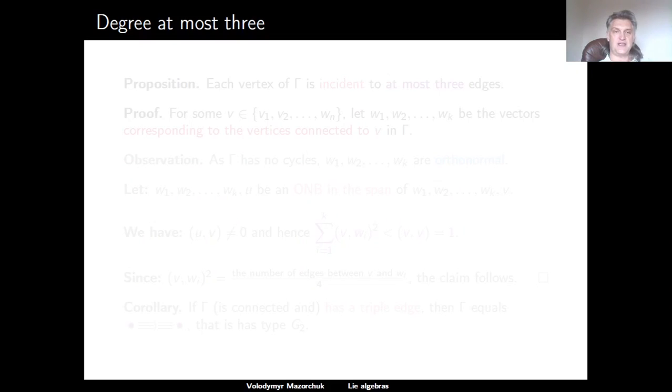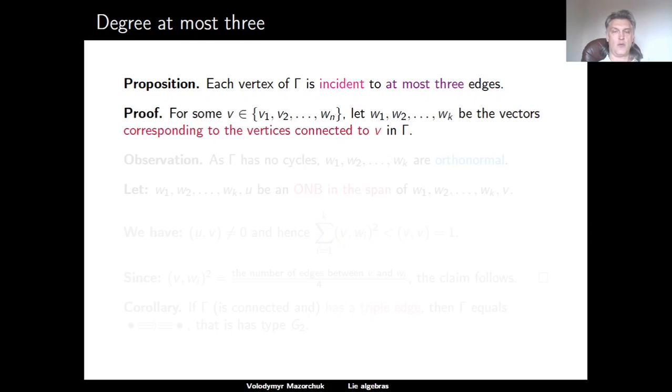Our next observation is that each vertex of the graph gamma is incident to at most 3 edges. Let v be one of our elements v1, v2, and so on, vn. Denote by w1, w2, and so on, wk, the vectors in the same set which are connected to the vertex of v in the graph gamma.